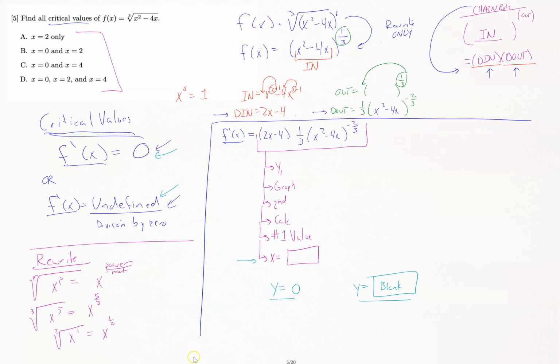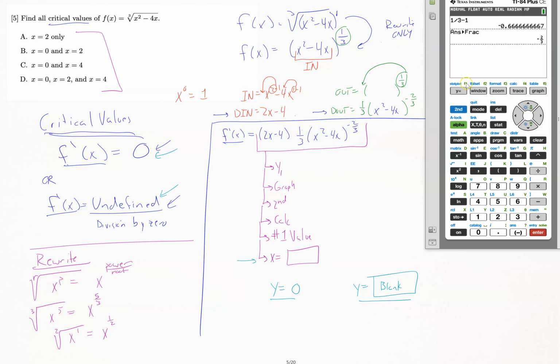So we're going to go to our calculator. You're going to hit your y equals, and then in y1 we'll type our derivative that we put together ourselves, which would be our 2x minus 4, close that parentheses, and then 1 divided by 3, close it, and then x squared minus 4x.